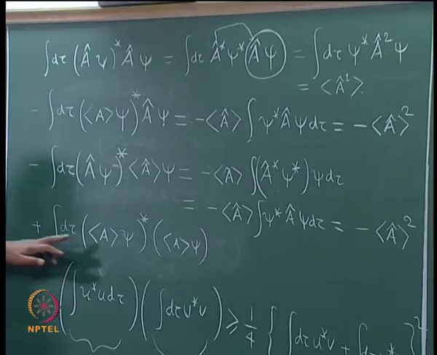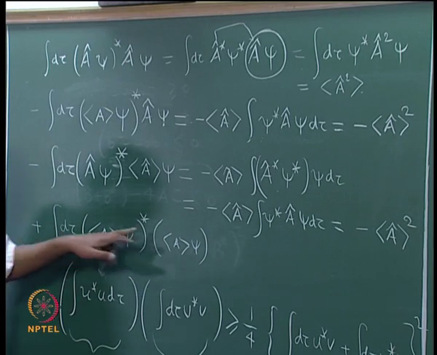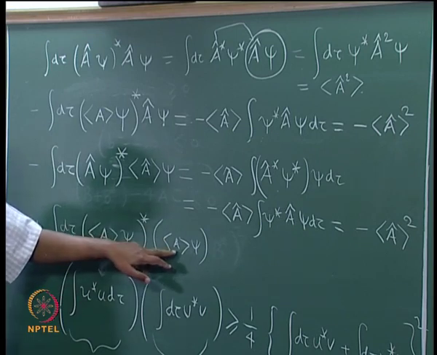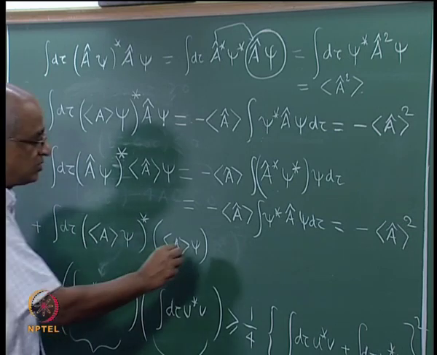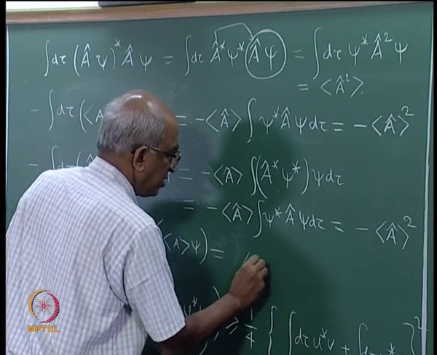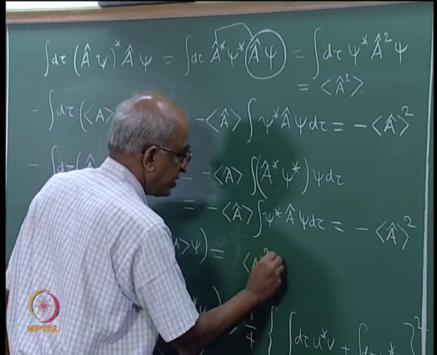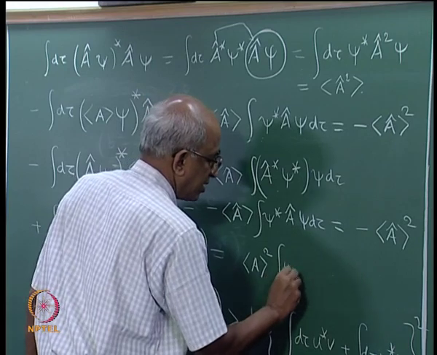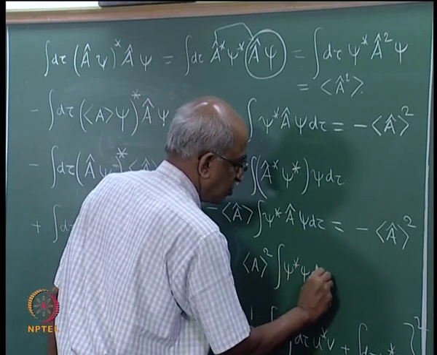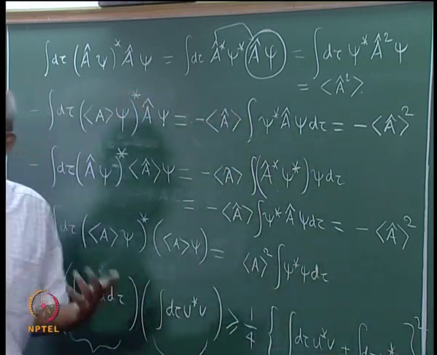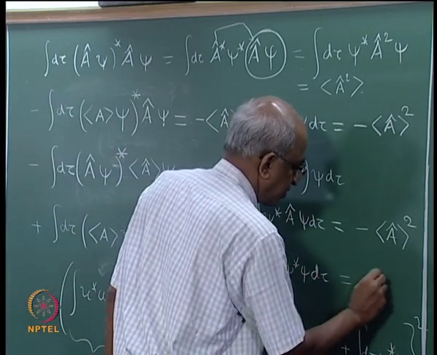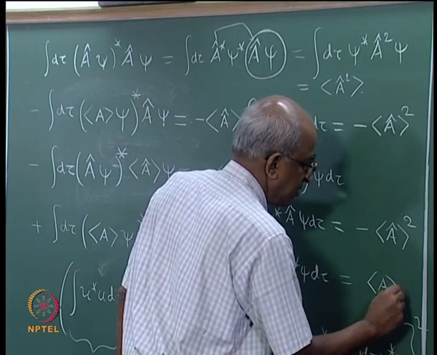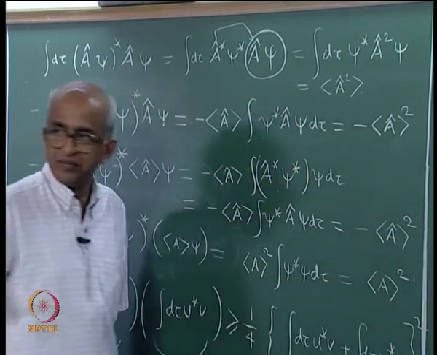But there you know that A is a real number, so therefore star does not affect it, this is a real number. So, this and that together they may be taken out. So, I will get expectation value of A square multiplied by integral psi star psi, but we are assuming that psi is a function that is normalized, and therefore, this integral is 1, and therefore, the final answer that I get is expectation value of A square.